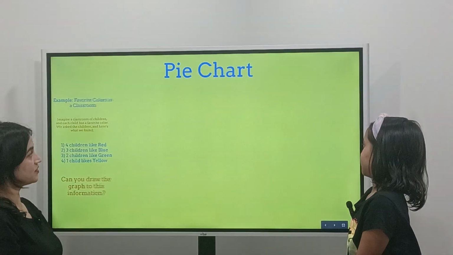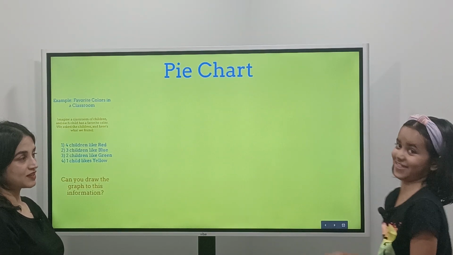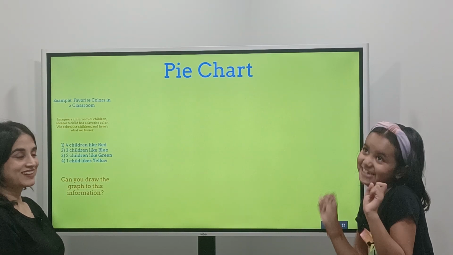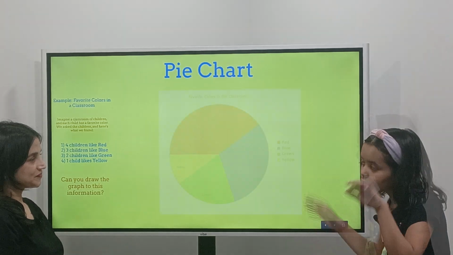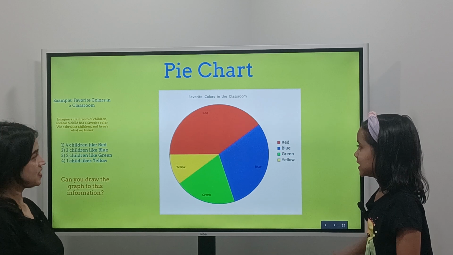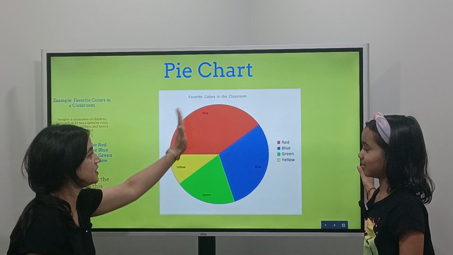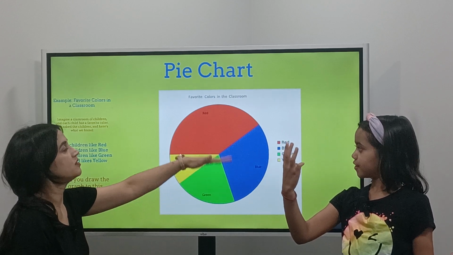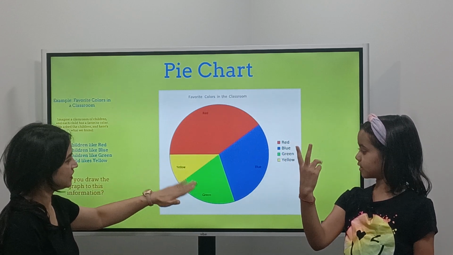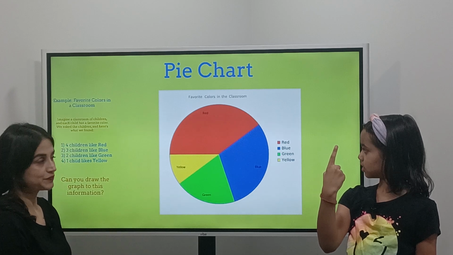That's the example of the paragraph. Okay, same thing in the pie chart. You don't have to explain. Red has the biggest amount, then blue, then green, and the least is yellow.